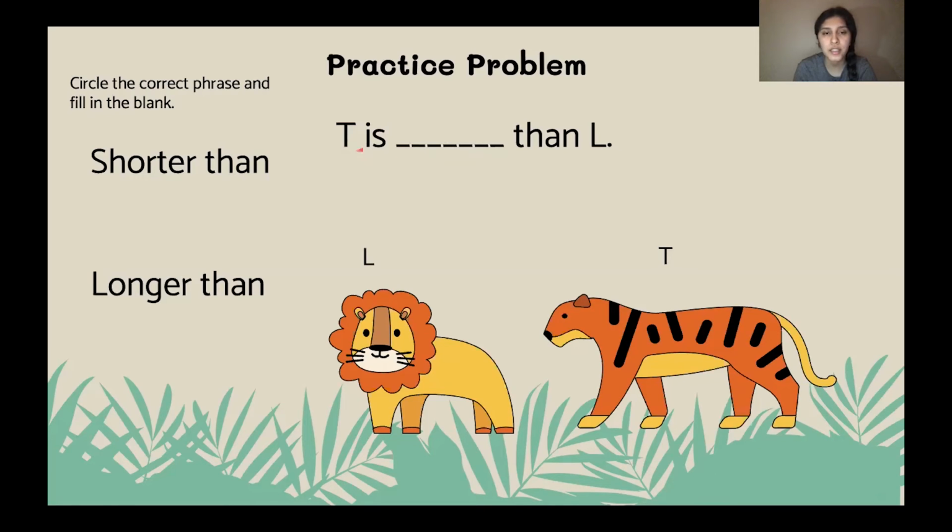You can put in shorter than or longer than, and you can try your best drawing these, okay? But remember, you can use a ruler on your screen, or you can use a piece of paper and do little lines. So pause it so you can do that, measure T and L.